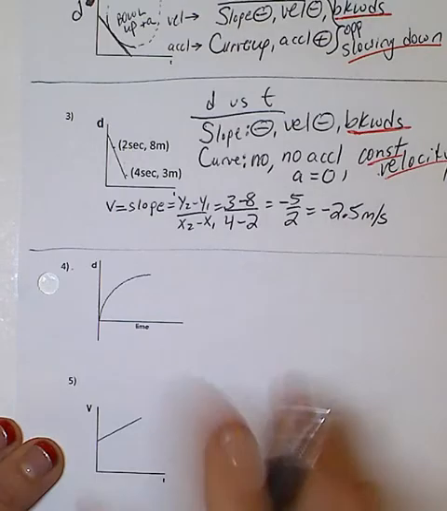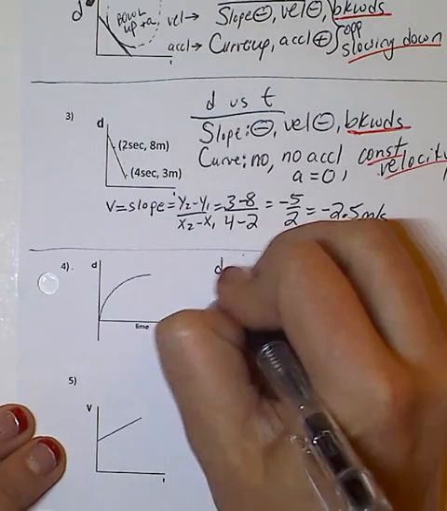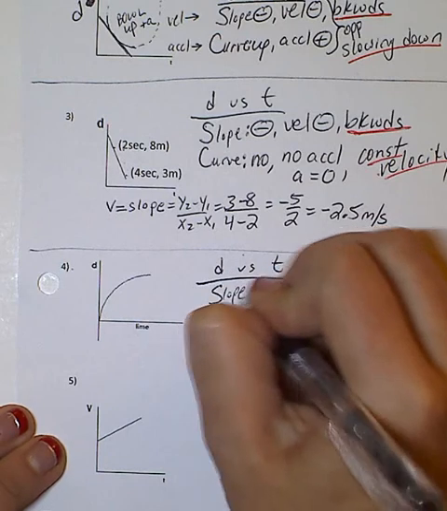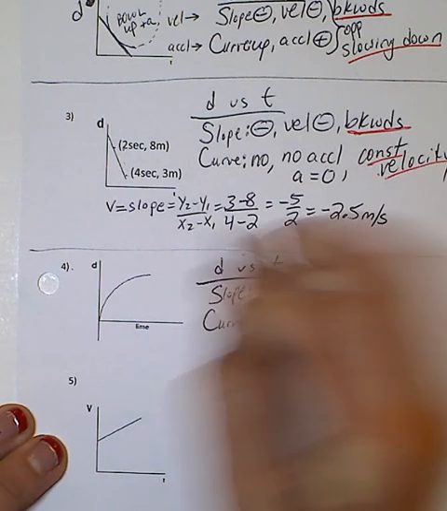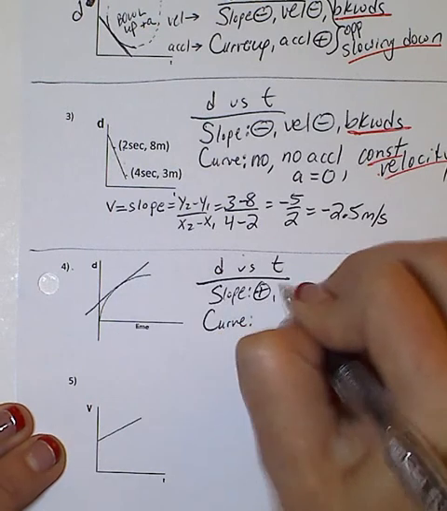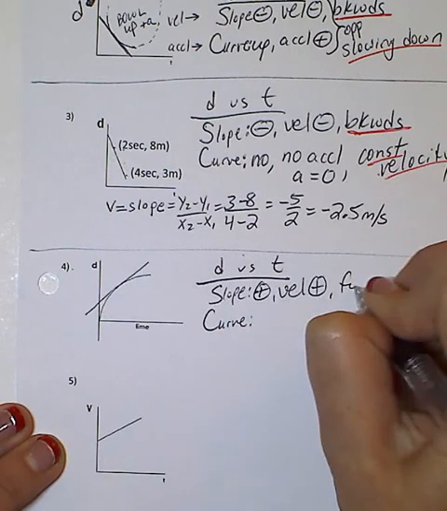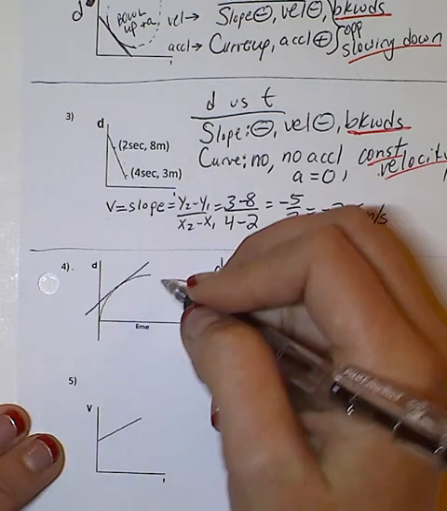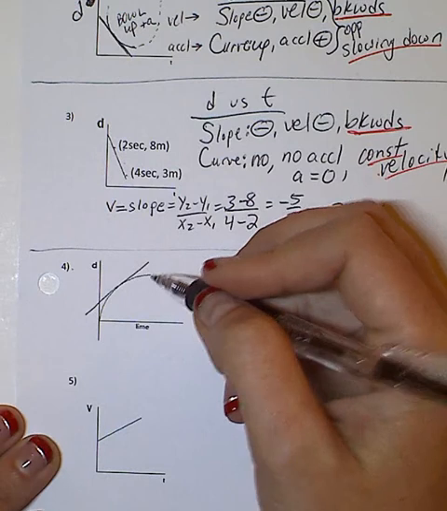This one, D versus T, starts me off with don't sleep in class, slope and curve. The slope here is a positive slope. All my velocities are positive, which means it's moving forward. The curve, so again, I don't care about the slope or the fact that the entire graph is increasing. I'm only looking at the shape of the curve.